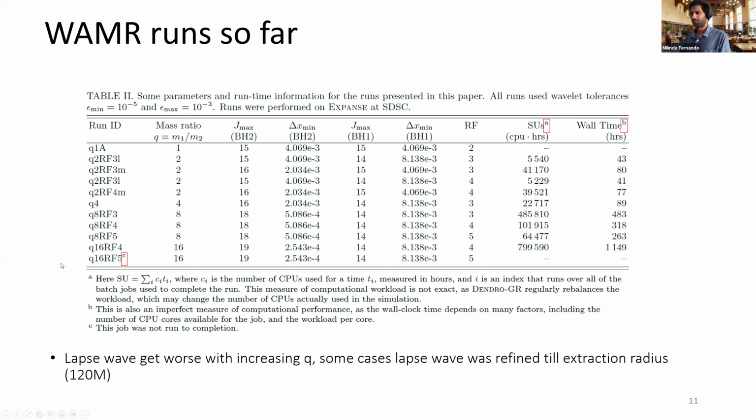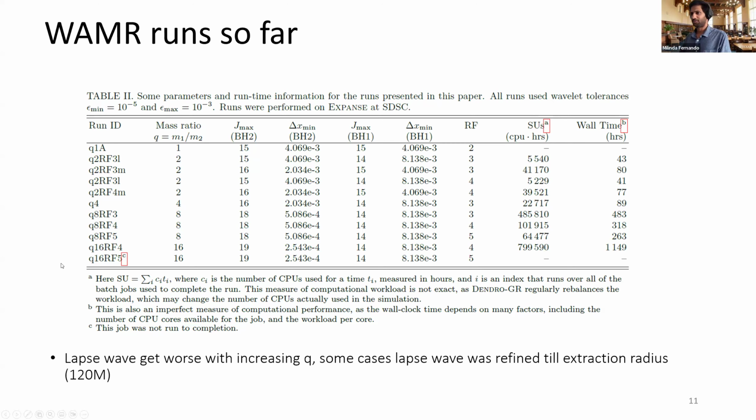For the Q equals 16 run, we had this gauge wave, and we were refining it until it reached the extraction radius, and it slowly dissipated because we increased the wavelet coefficients. That's why the Q equals 16 run was so expensive.